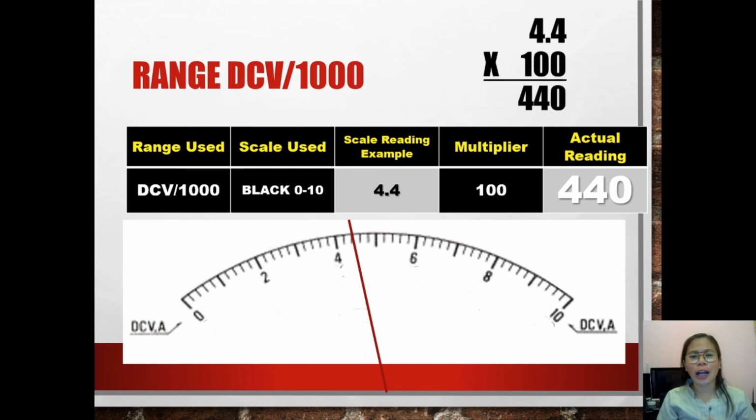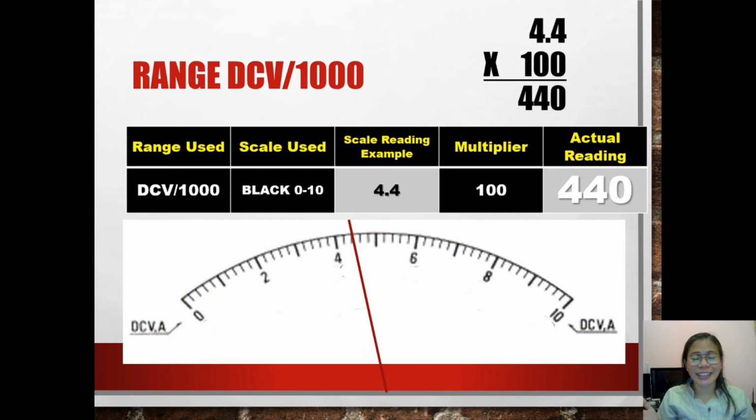So our final actual reading is 4.4 times 100 is equal to 440. In 0.01, we have two zeros. That is why we move the decimal point to the left. And in 100, we have two zeros. Again, we move the decimal point to the right.